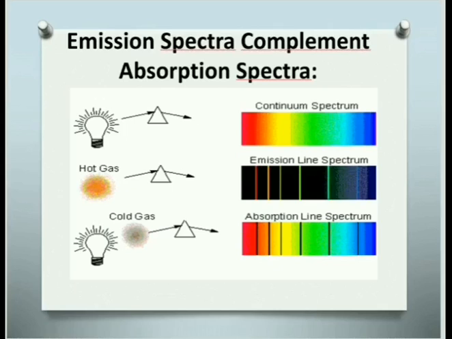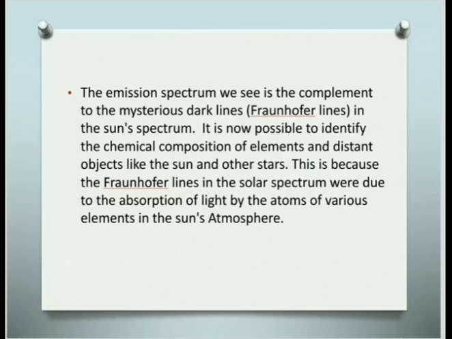Emission spectra complement absorption spectra. The emission spectrum we see is the complement to the mysterious dark lines in the sun's spectrum. It is now possible to identify the chemical composition of elements in distant objects like the sun and other stars.